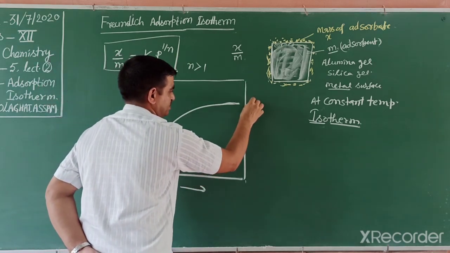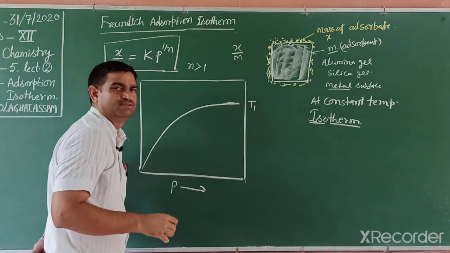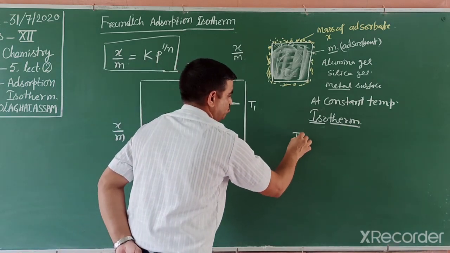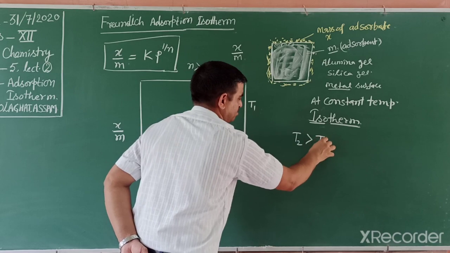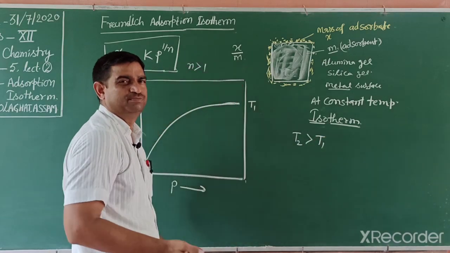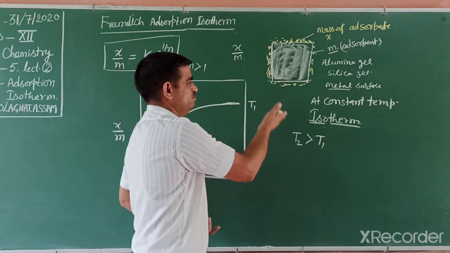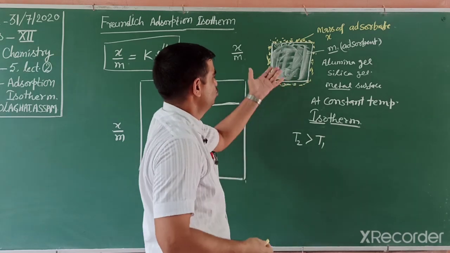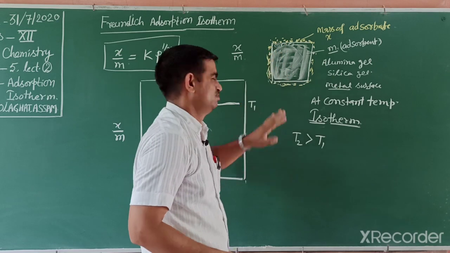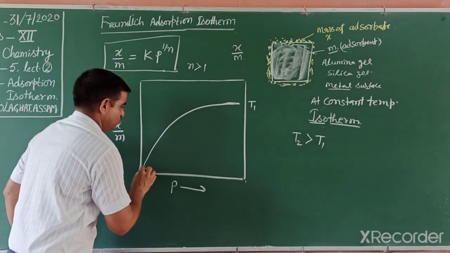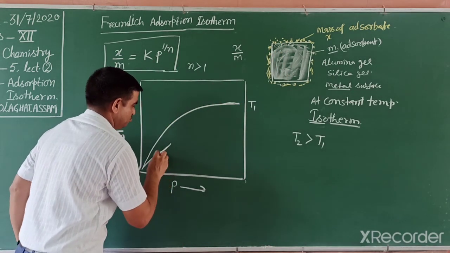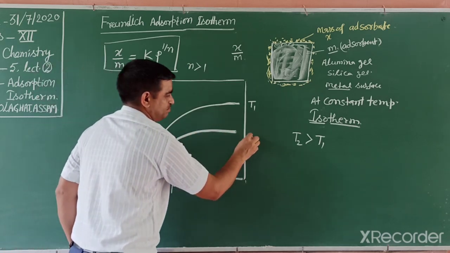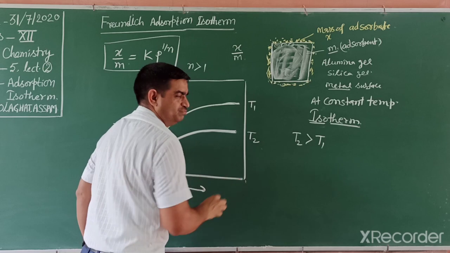Suppose this temperature is T1; if you increase the temperature, T2 is more than T1. So what happens? When we heat this surface, the adsorbed gas is released out. So the extent of adsorption is reduced. We get this type of curve at temperature T2.